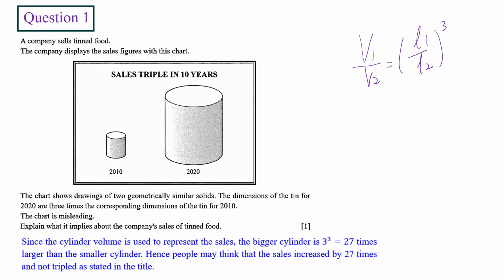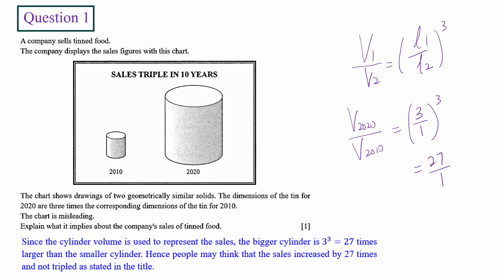We can see that the volume of 2020 over the volume of 2010 will give you 3 over 1, because the tin in 2020 is 3 times bigger, 3 over 1 to the power of 3, and that gives you 27 over 1. So therefore, the cylinder volume in 2020 is actually 27 times larger than the smaller cylinder.